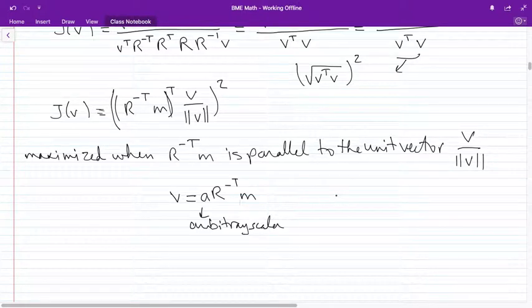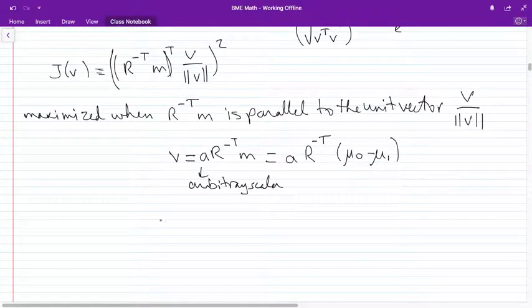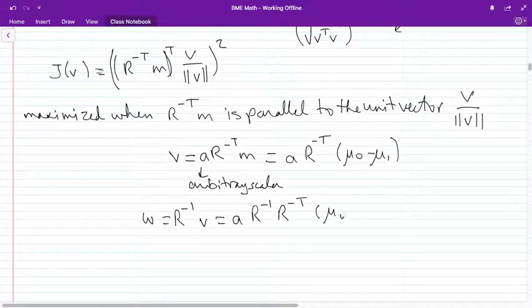Okay, so which is what? This is equal to some constant A times R minus 1 transpose times mu 0 minus mu 1. And what was W? W was R minus 1 times V, which is equal to A, R minus 1 R minus 1 transpose, mu 0 minus mu 1.